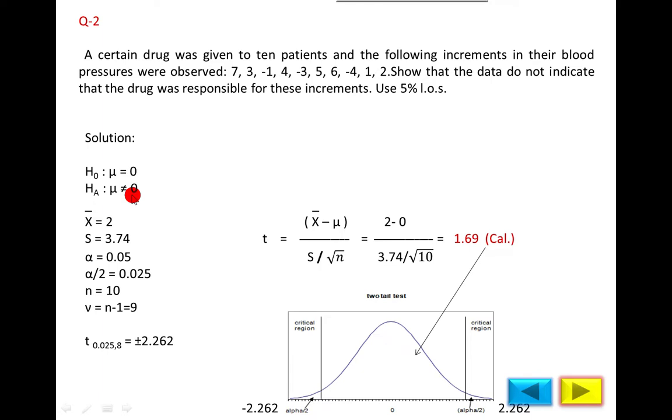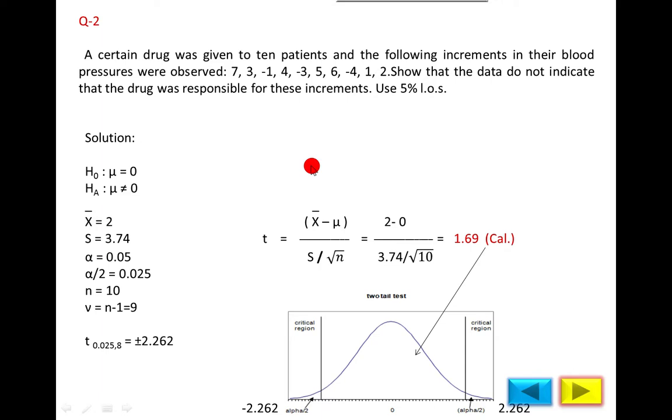The second criterion is the statement: the data do not indicate the drug was responsible for these increments. This also indicates that, suppose before the drug, before treatment, the value is the same as after treatment.